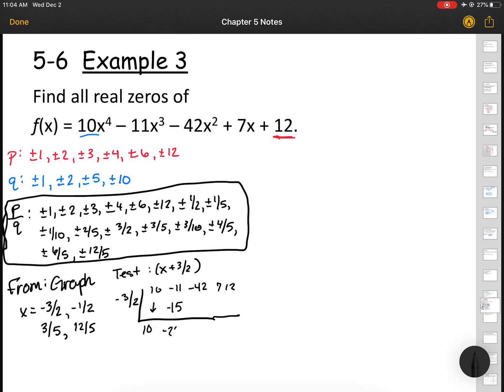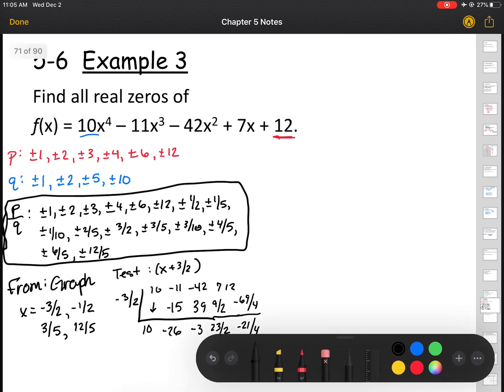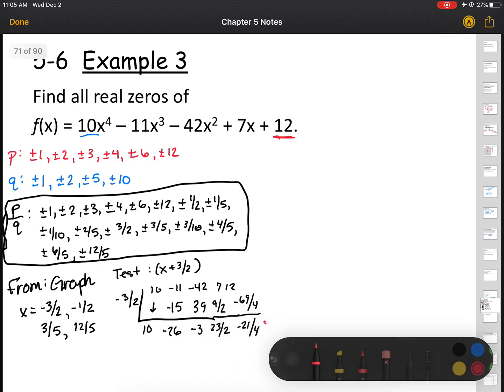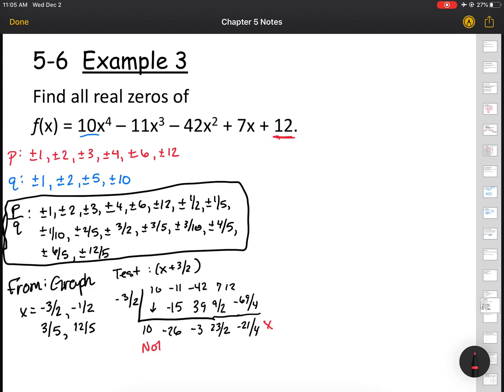That will make negative 26 here, and 39, which makes negative 3, and 9 halves, 23 halves, negative 69 over 4, and when we add those, we get negative 21 over 4. And since that's not 0, that means that this cannot be a factor. So negative 3 halves is not a factor, or x plus 3 halves is not a factor. So that one's out of question.